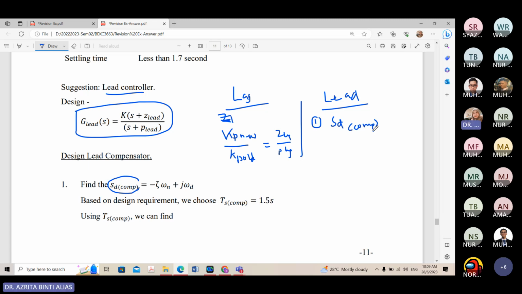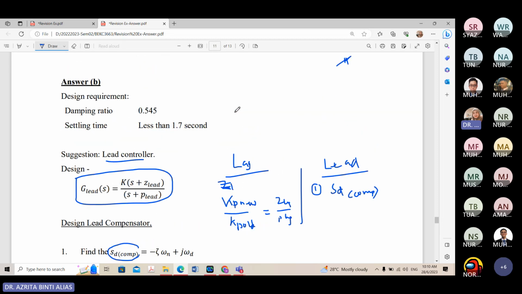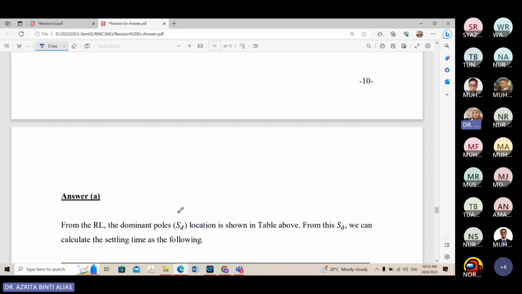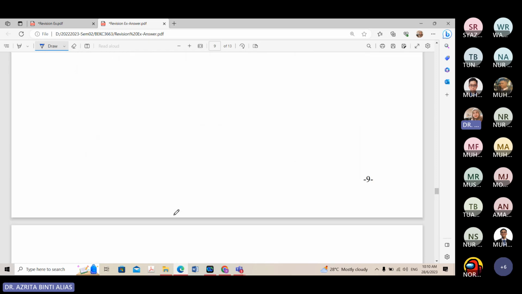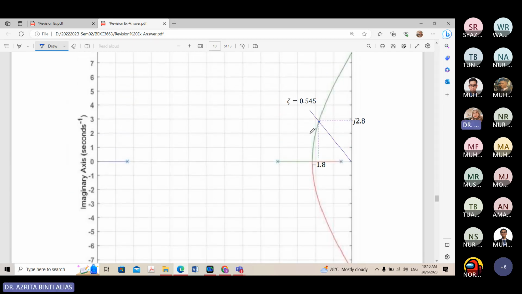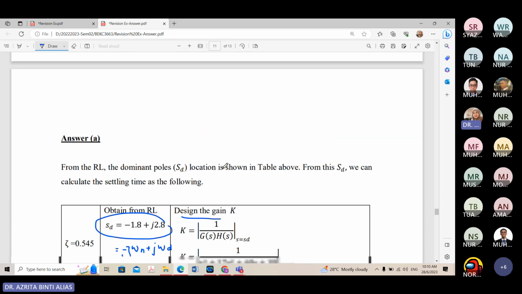Okay, so if the s_d compensator is not given in the question, you need to use the design requirement to obtain the s_d compensator. So for this question, the s_d compensator is not given. It's not given. So what we have here is the s_d uncompensated. So ini adalah s_d uncompensated, since the root locus here is the root locus for the K gain controller. So the s_d here is the s_d uncompensated.